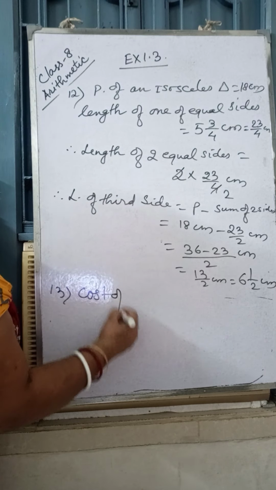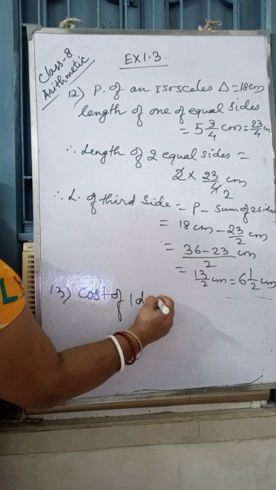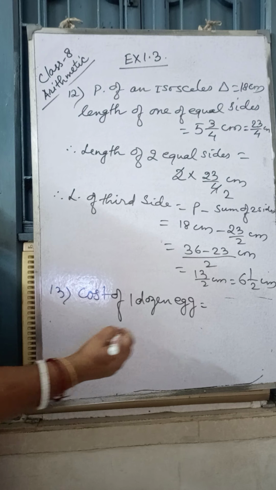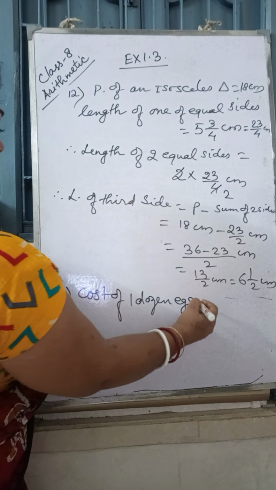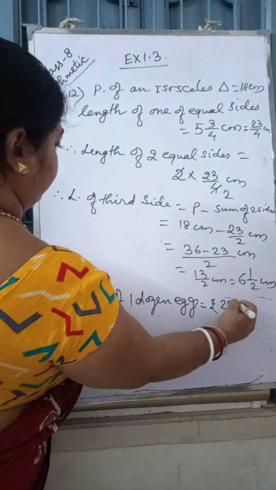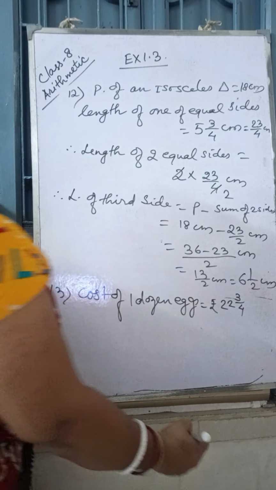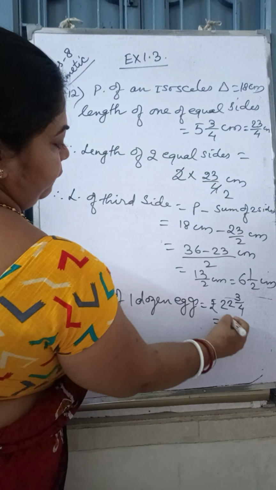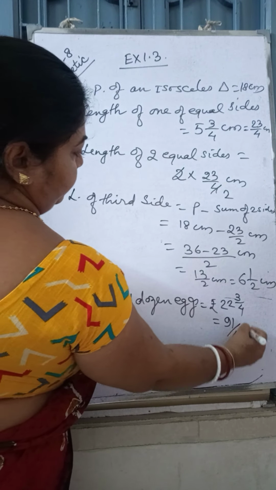Cost of 1 dozen eggs is rupees 22 and 3 by 4, or it gives you 91 by 4 rupees.